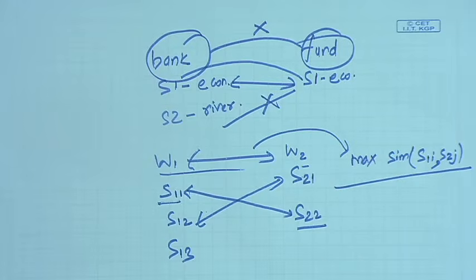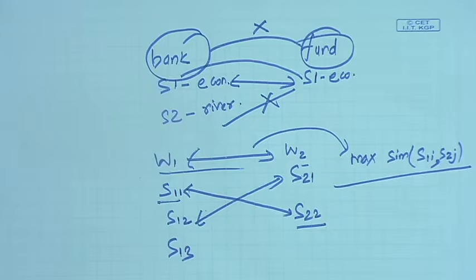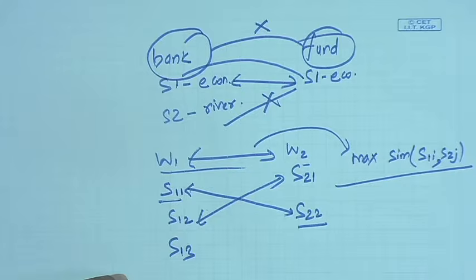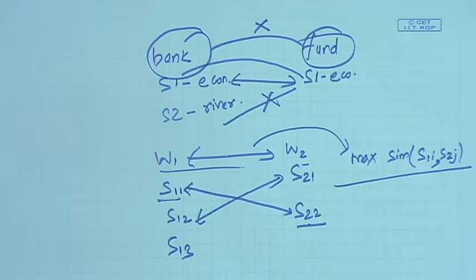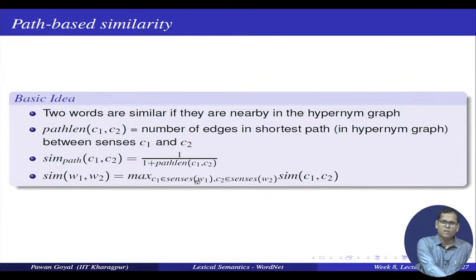That is a very simple way in which I can extend all these ideas to word similarity. In the next methods as well, we will always talk about similarity between senses and extend it to similarity between words. So the similarity between words W1 and W2 is nothing but the maximum similarity between any of the senses of word 1 and word 2.